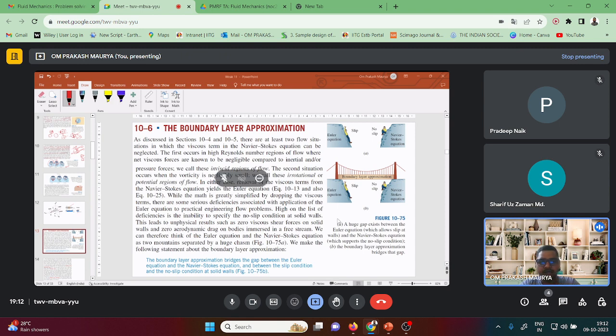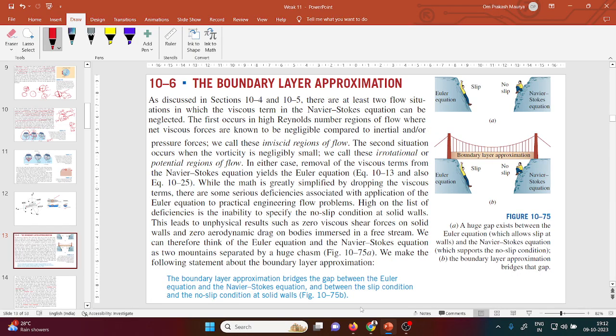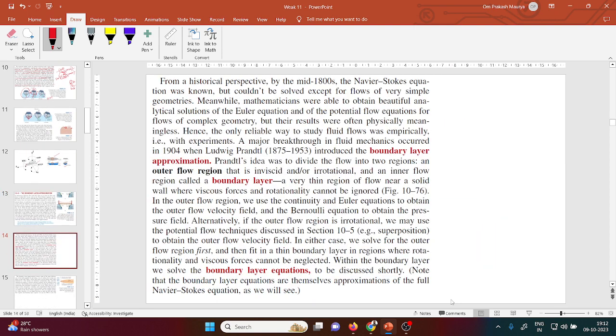But why boundary layer is important and when it was introduced, just one line I want to show for your motivation.